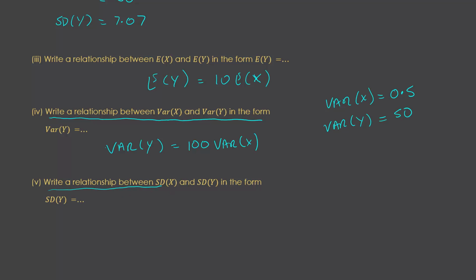And then write a relationship between SDX and SDY. So SDY, now the standard deviation for x was 0.707. The standard deviation for y was 7.07. So that's 10 times the standard deviation of x.